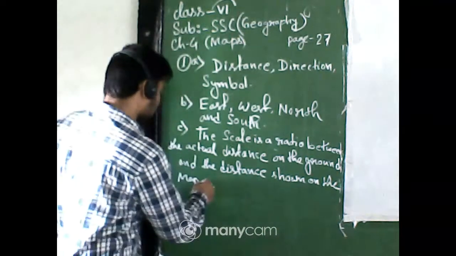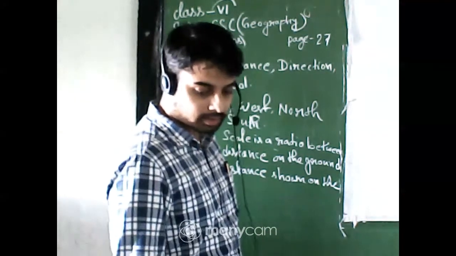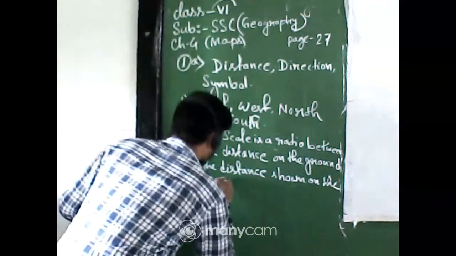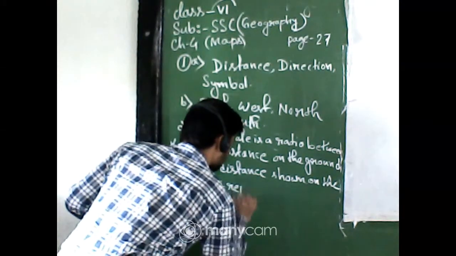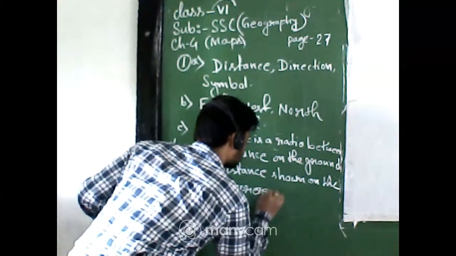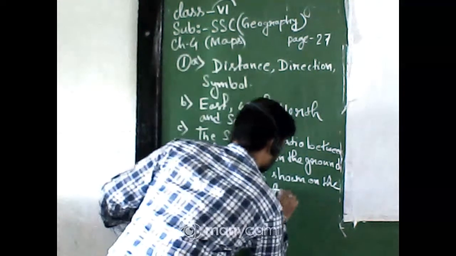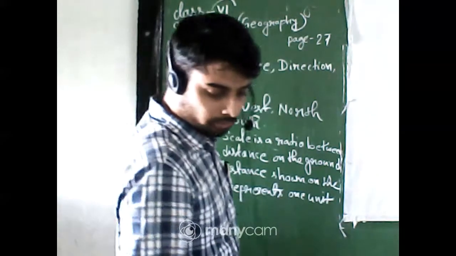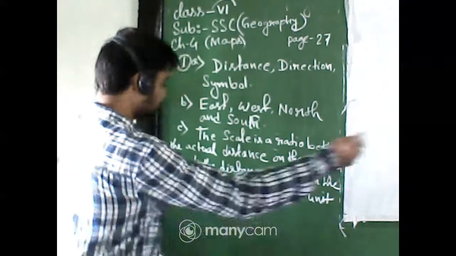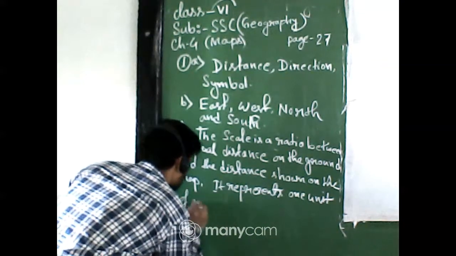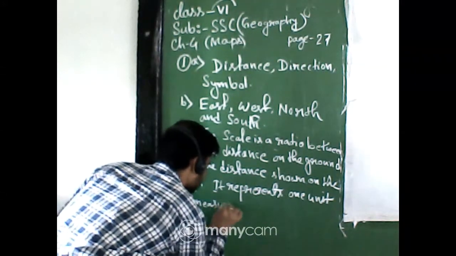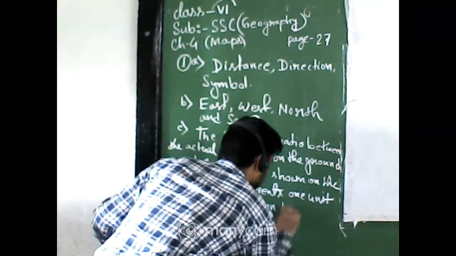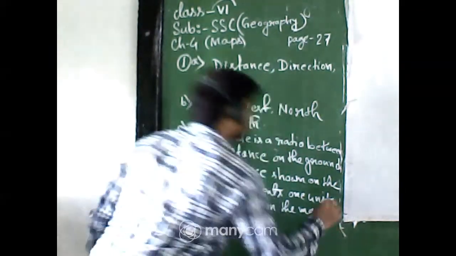And after the full stop, it represents one unit of measurement on the map. Okay, completed.